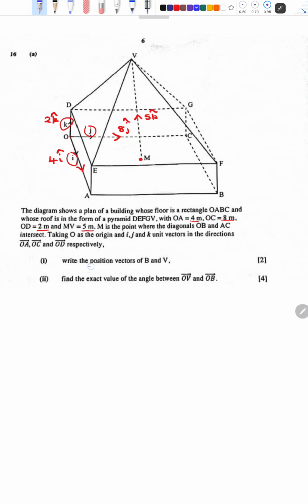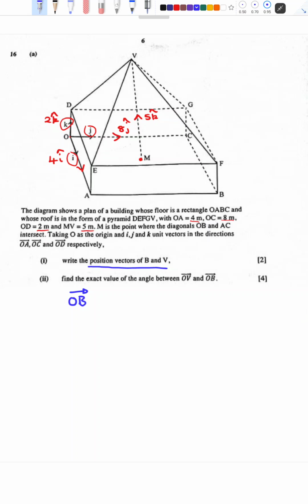They want you to find the position vectors of B and V. A position vector is a vector with a relative or initial point; they all start from the origin. So if you are asked to find the position vector of B, they want you to find OB. Whenever you see the word position, it means everything is starting from the origin.